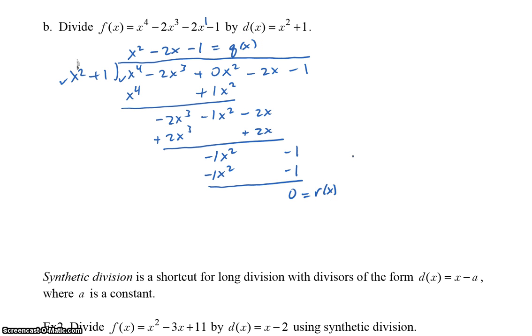So we can write f of x according to the division algorithm as d of x times q of x plus r of x, with d of x being x squared plus 1, q of x being x squared minus 2x minus 1, and r of x being 0.